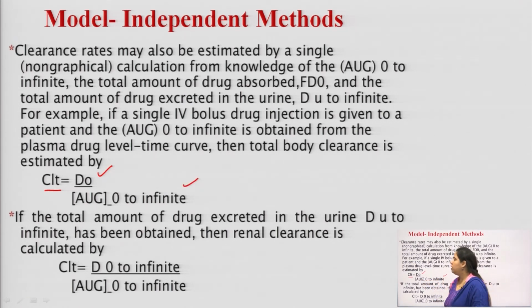So, basically once again I would like to repeat this. Clearance rate may also be estimated by a single non-graphical calculation from the knowledge of AUC 0 to infinite, the total amount of drug absorbed. AUC basically is the total amount of drug absorbed and present in blood plasma, and the total amount of drug absorbed FD, and the total amount of drug excreted in urine DU to infinite.